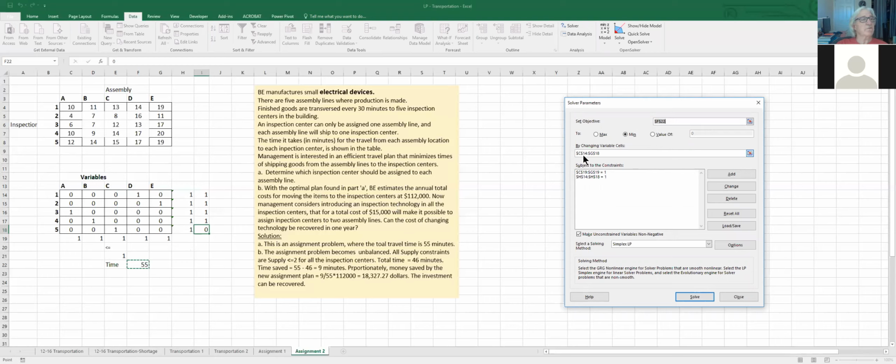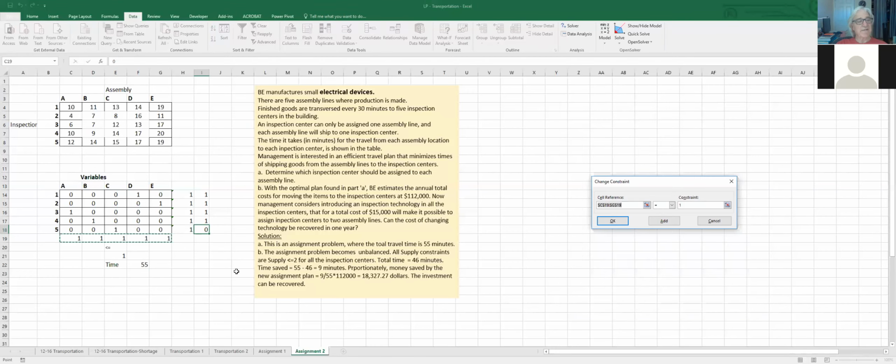It's 14 to G18, yes. Now here, what is this? These are the assignments of inspection centers to an assembly line. So this is where I'm changing it to less than or equal to 1. See, all of them.